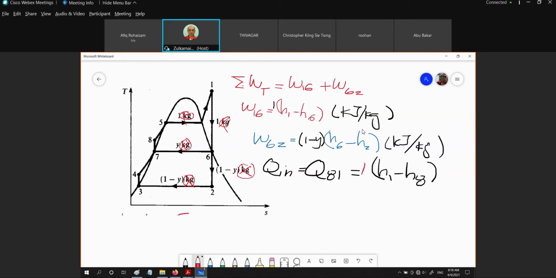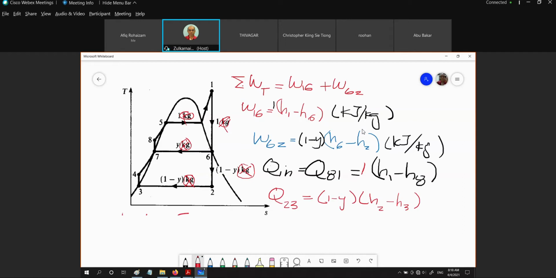Right? And then for the condenser, Q23, this is equal to the fraction of Q23, the ejected heat at the condenser side. This is 1 minus Y, H2 minus H3.